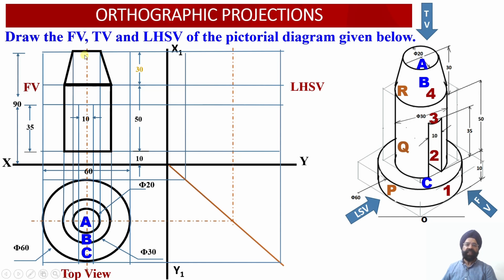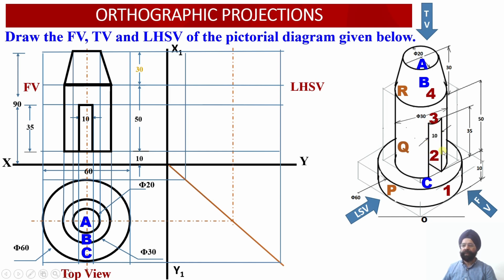So this is the projection corresponding to element number 3, this one. These are the projections for element number 2, which is a cylindrical portion having a diameter equal to 30 millimeter, and within this I have got a rectangular slot which is parallel to the vertical plane.